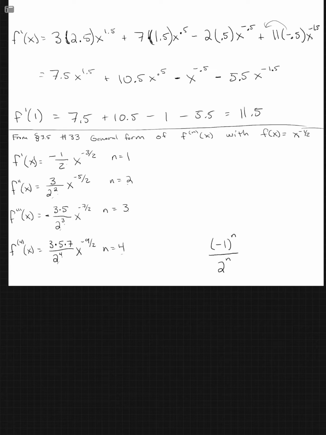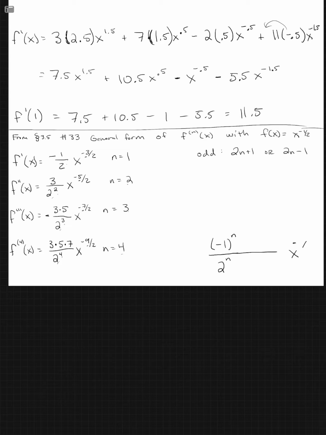One of the nice things to know when you're doing something like this, specifically for this problem, is that odd numbers always look like 2n plus 1 or 2n minus 1. Every single odd number can be written that way. The other thing we notice is that the numerator of the power on x is always an odd number.